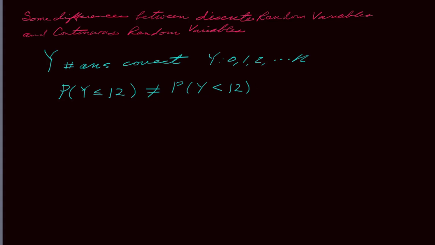Those are different probabilities, and we're remembering that from before. Also, in this example, the probability that y is less than 12 is the same as the probability that y is less than or equal to 11, because y is discrete. So if it's less than 12, the next biggest number it could be would be 11. Those probabilities have to be equal.